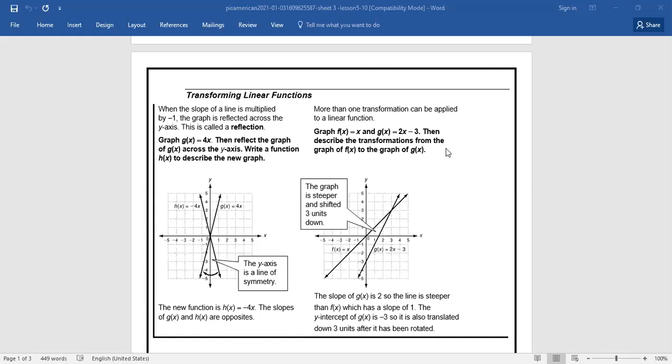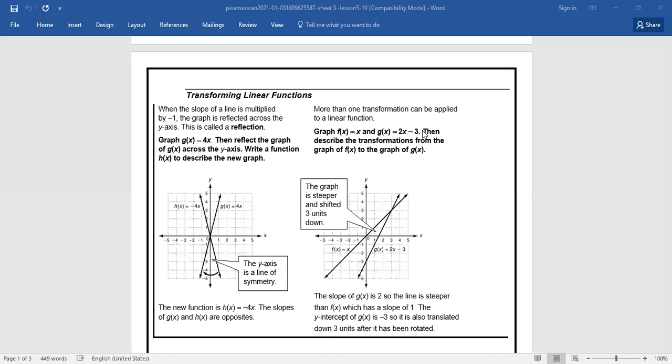We have to look at what first? The y-intercept, or do we look at the slope first? g of x has a y-intercept, so we will stop on -3 and then rise over run.